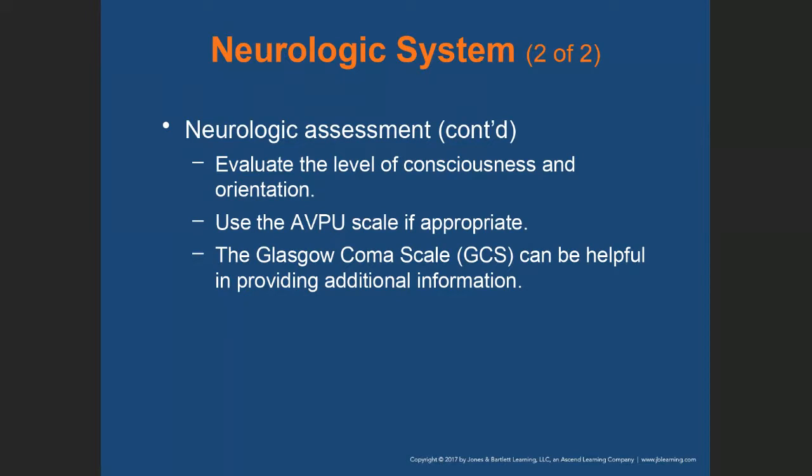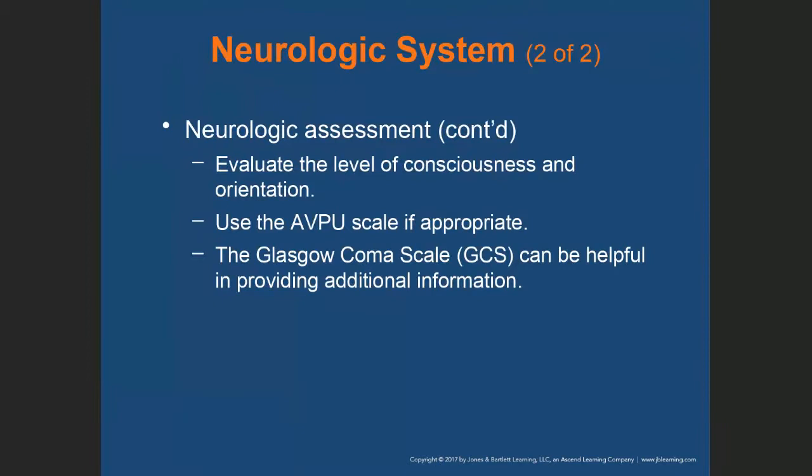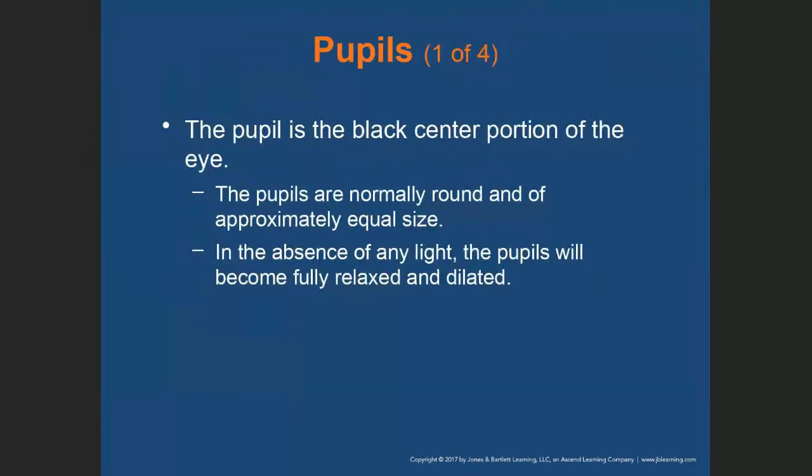The patient will get a value for each section. The most the patient can get is 15. Ensure that you look at it in your book. I don't think I have a slide with GCS on it. Go through it. It's looking at three areas: eye opening, verbal response, and motor response.